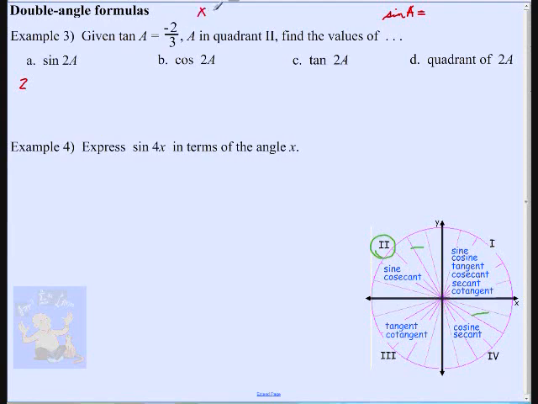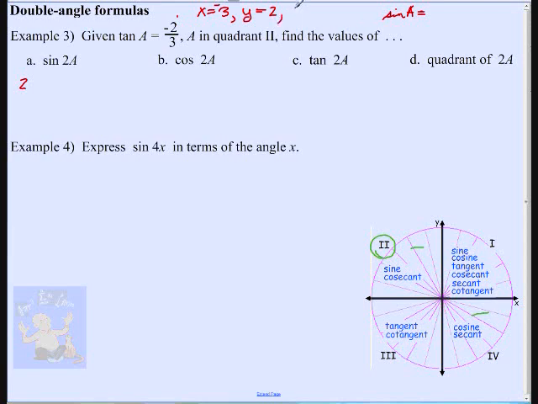X equals 3, and y equals 2. Where does the negative go? Well, if I'm in the second quadrant, my y is positive, my x is negative, so I've got to say this is a negative 3.